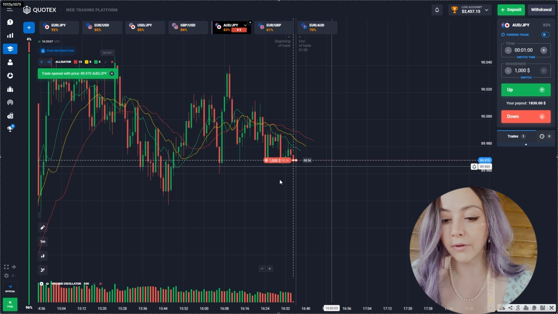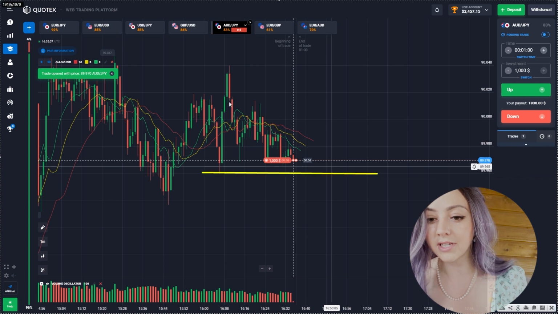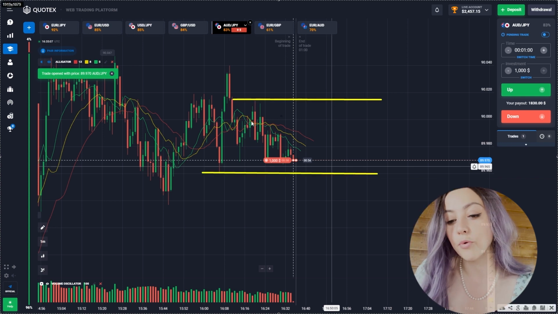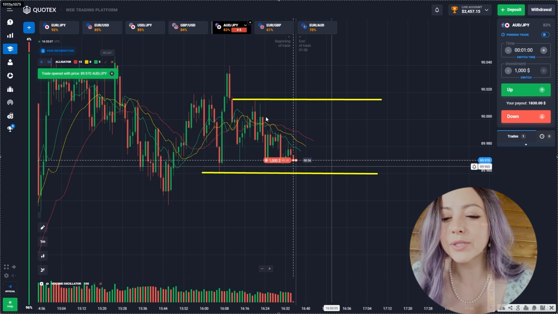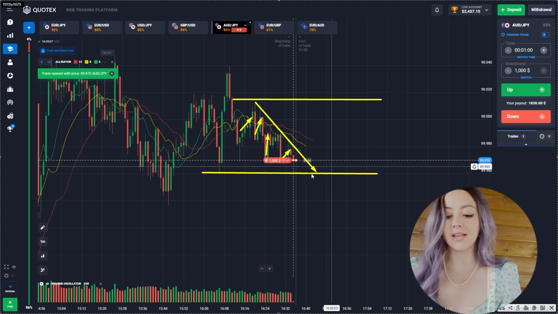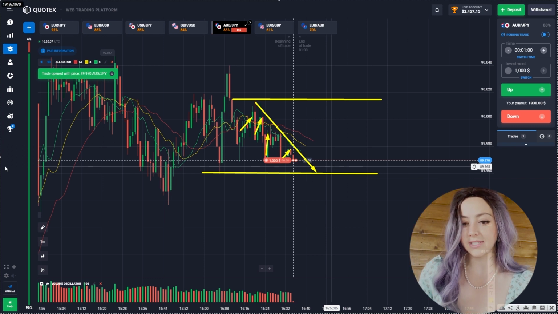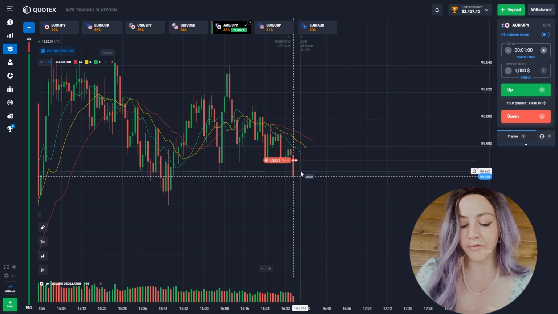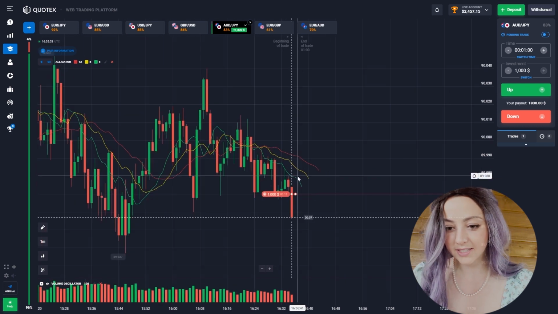And if you draw the parallel lines of support and resistance, we can see a really smooth movement down.